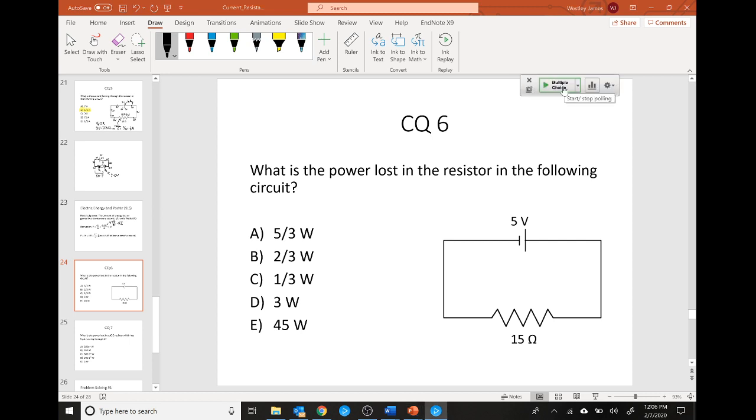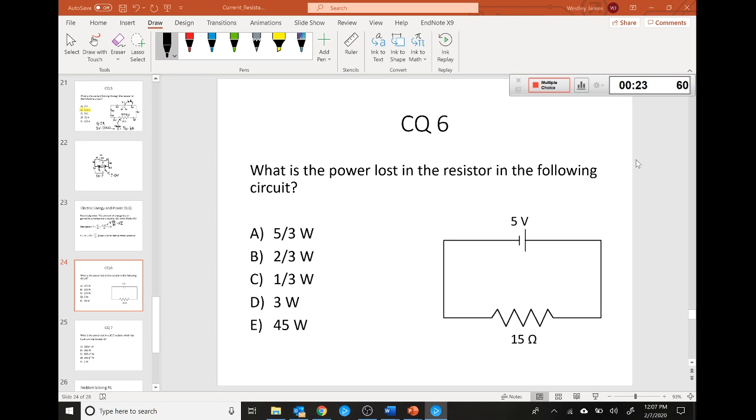What is the power lost in the resistor in the following circuit? Same exact circuit, 5-volt battery, 15 ohm resistor. Use whatever version of the last one you want to use. We already calculated current before, so you can use any of the equations.